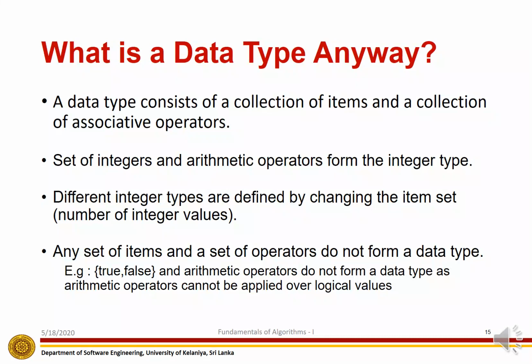It means the number of integer values. Most importantly, any set of items and any set of operators do not form a data type. For example, true or false and arithmetic operators like plus and minus do not form a data type, because true and false are logical values and arithmetic operators cannot be applied to them.